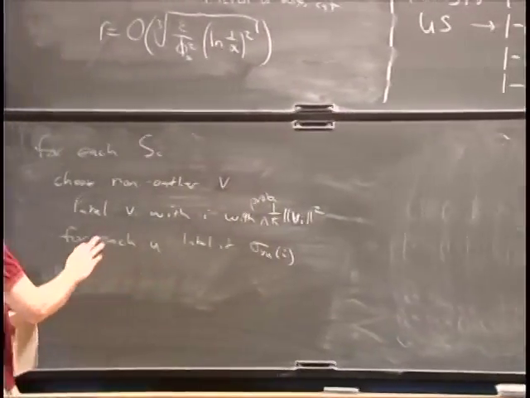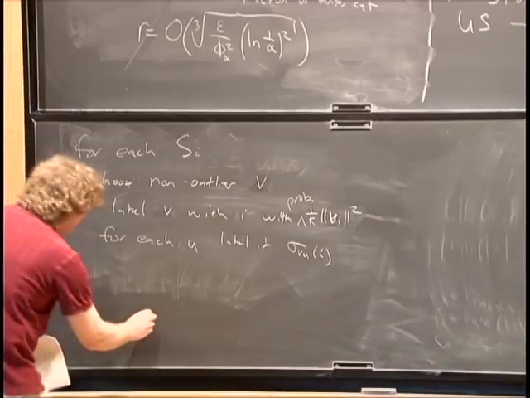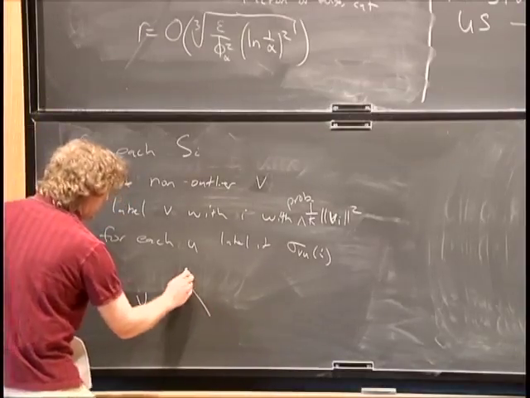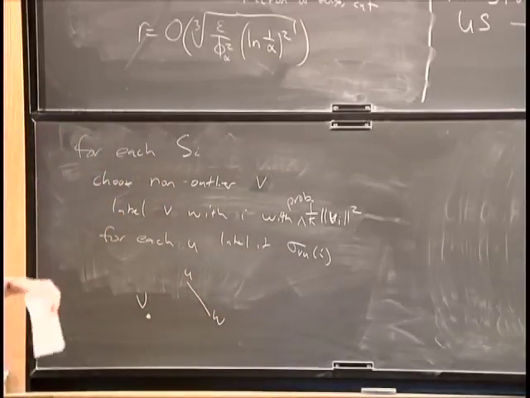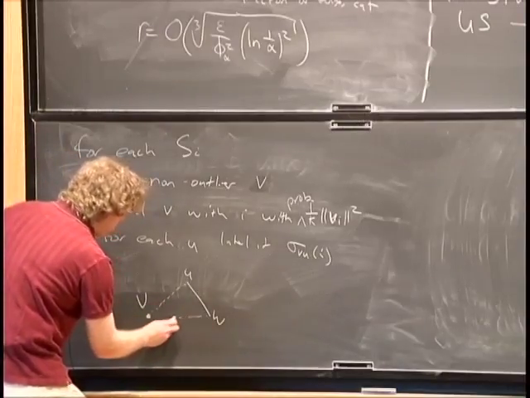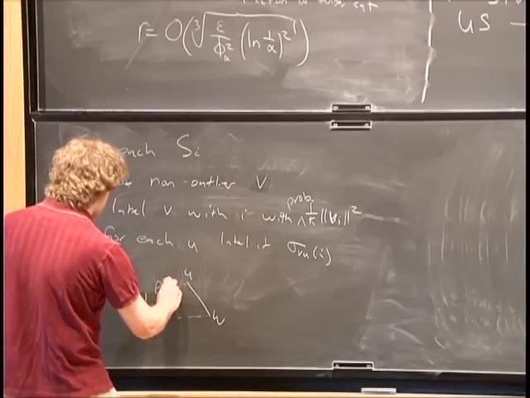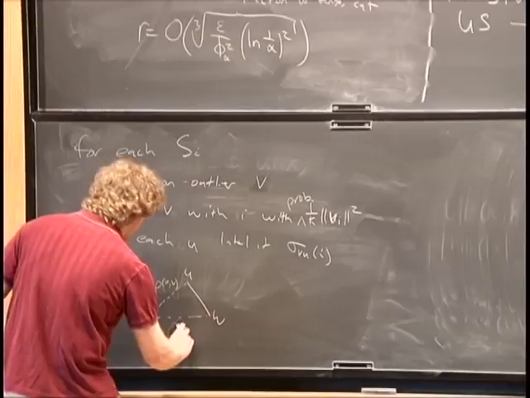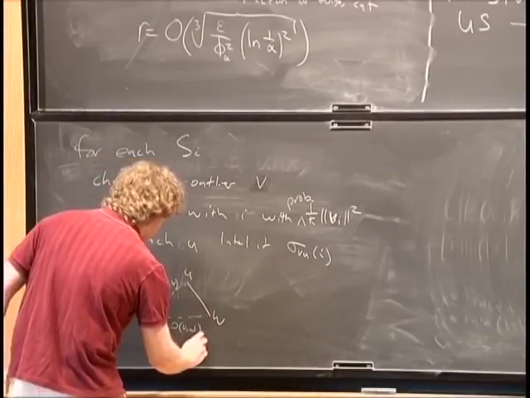So to figure out how likely this is to actually satisfy an edge, we have V. We have some edge UW, and we think of all of these as being in SI. And here we have some distance rho UV, and here we have some distance rho VW.